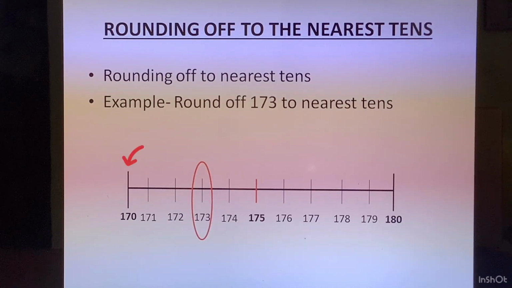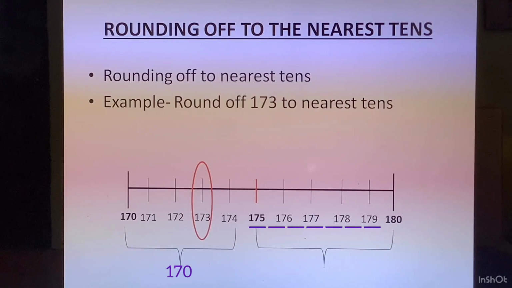So when we round off 173, we will round it off to 170. Here on the number line, the numbers 171, 172, 173 and 174 are all closer to 170 as compared to 180. So they form one group of numbers which when rounded off will become 170.